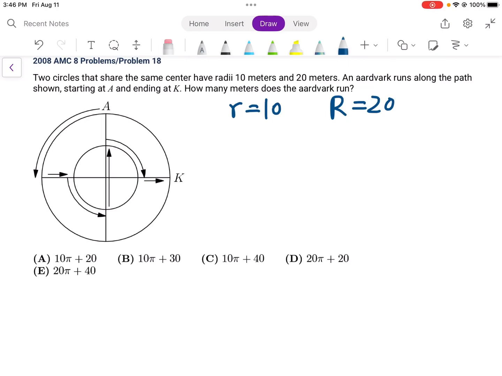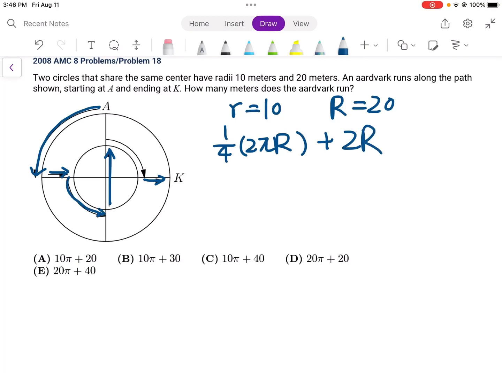And the route from A to here is a quarter of the larger circle, which is 1/4 of 2 pi R. And then these three straight lines will add up to 2r. And then these two will add up to half of the small circle. That is 1/2 of 2 pi r.